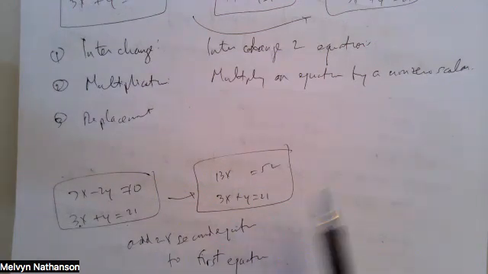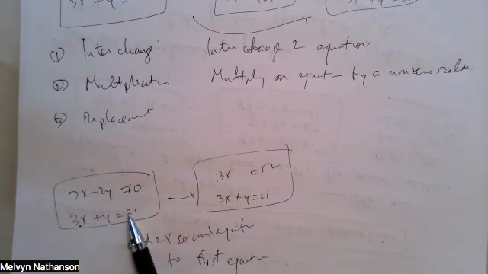And I claim these systems have exactly the same solution. Because if x, y solves both of these equations, if I add twice the second to the first, I'm just adding twice 0 when I plug in that x and y. I don't change anything. And conversely.